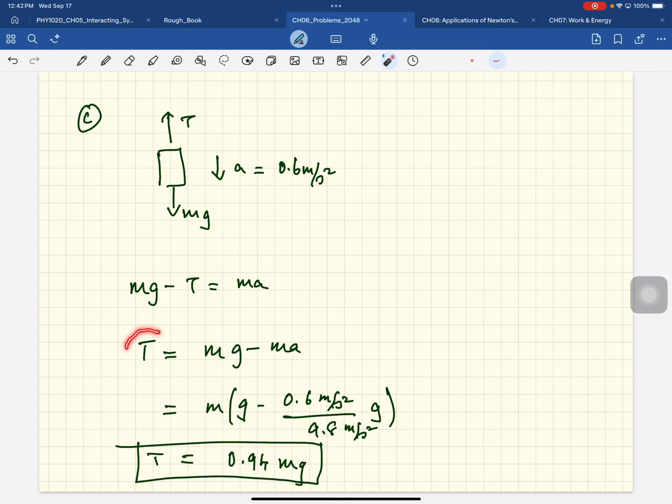You see, when it's accelerating with an acceleration pointed downwards, the tension is less by that amount. You see, this thing can be zero if a were equal to g. So if the elevator were free falling, then the tension would be zero.